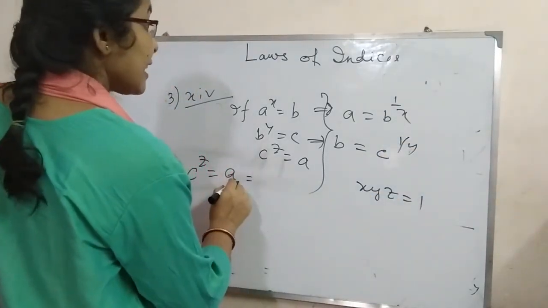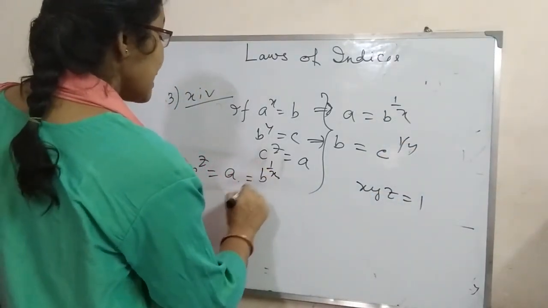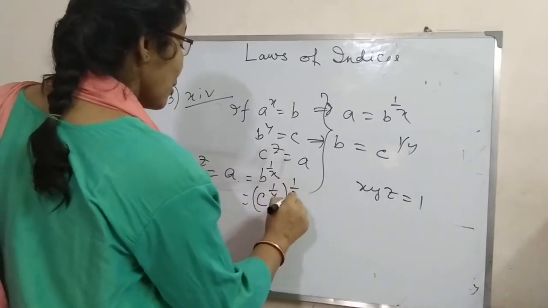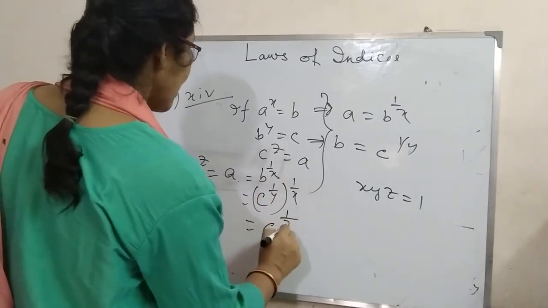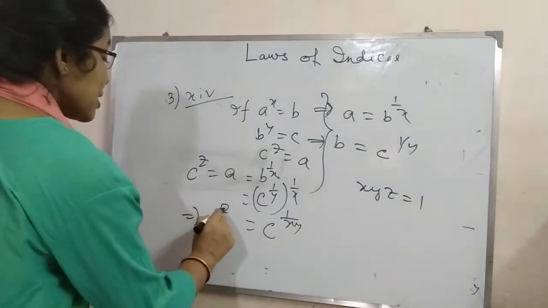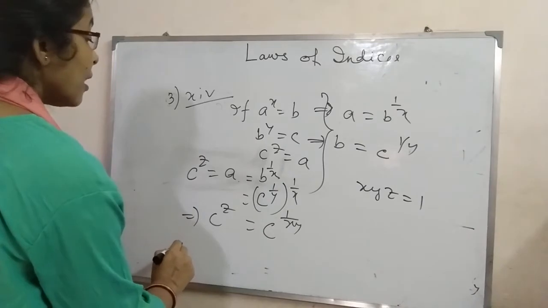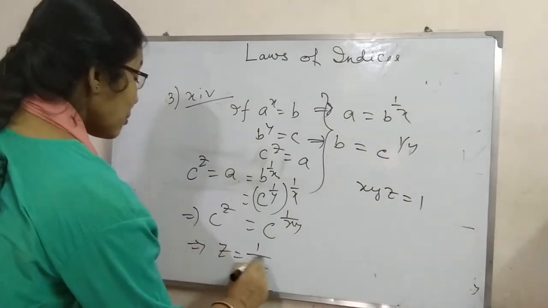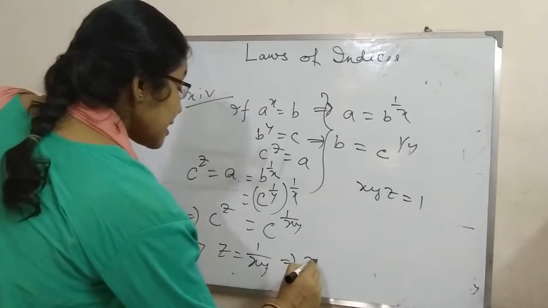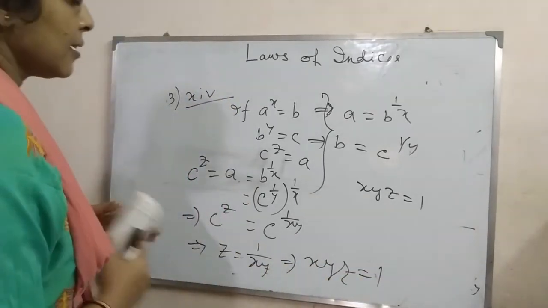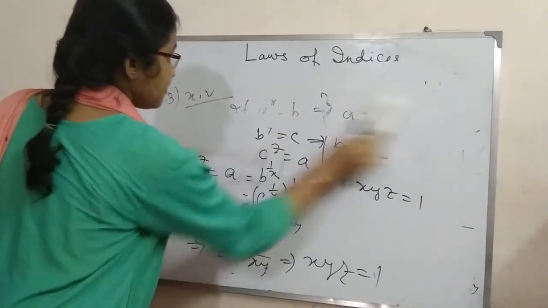For a I can write b to the power 1 by x, and for b I can write c to the power 1 by y whole to the power 1 by x, that is equal to c to the power 1 by xy. That is c to the power z equal to this. Therefore z equal to 1 by xy, that is xyz equal to 1, and the answer is coming.